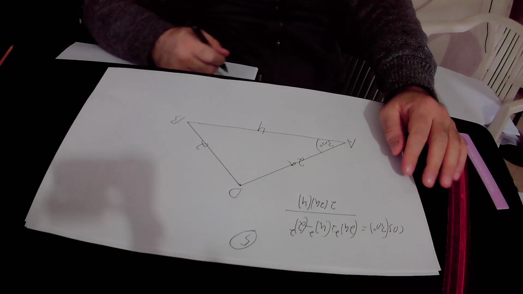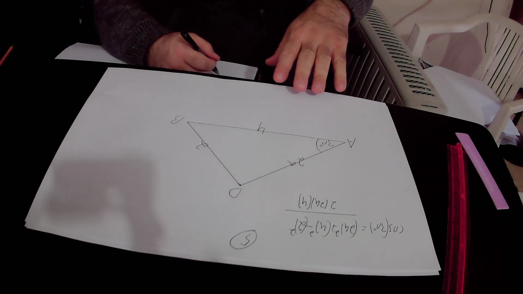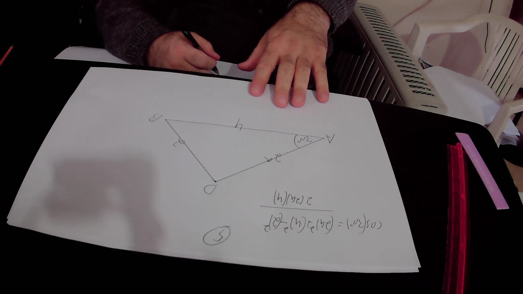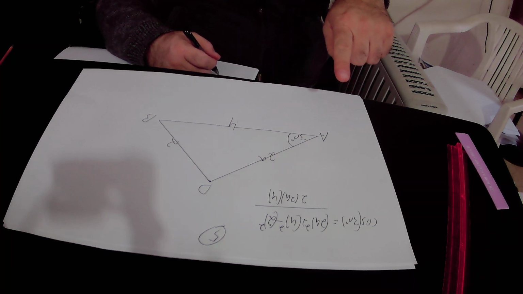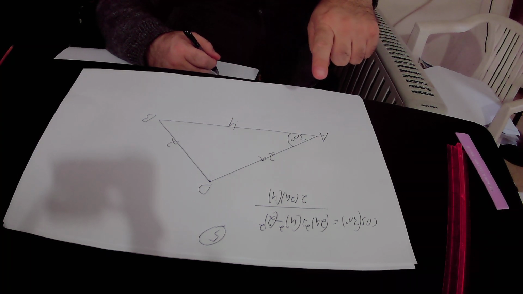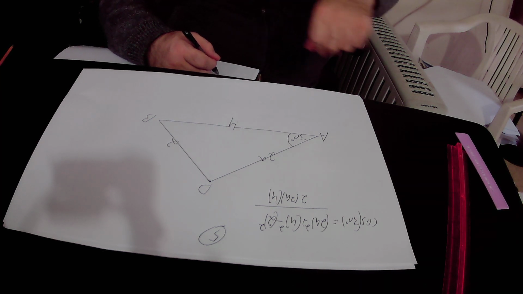I'll repeat again. We implemented the law of cosine in triangle ADB, and we got that cosine 30 degrees equals 2A squared plus 4 squared minus 2 squared over 2 times 2A times 4.